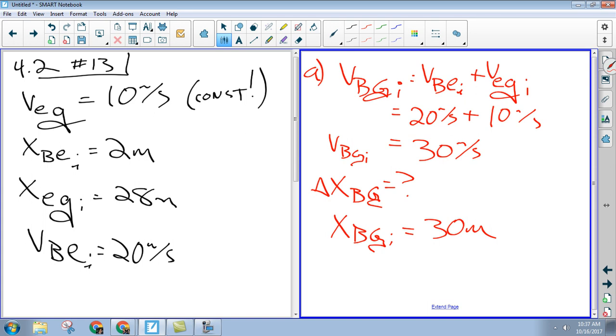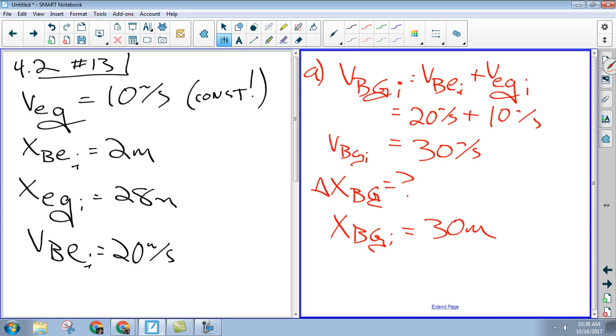What are we trying to find, though? We're trying to find the displacement. Be more specific. Anytime I say we're looking for displacement, you should be asking yourself, what displacement? So displacement of the ball, relative to the ground. But anytime you talk about displacement, anytime you talk about change, you're talking about a time interval. So what time interval?